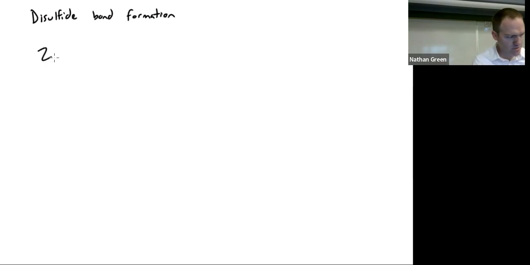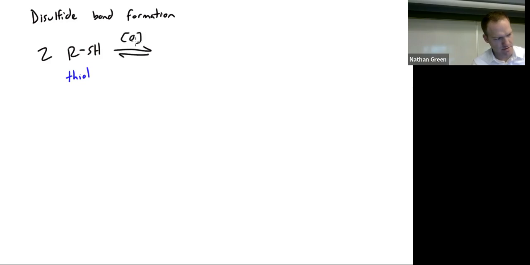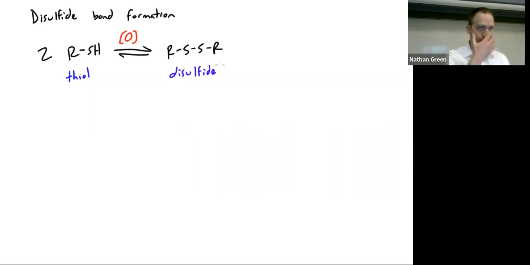I can take two thiols and under oxidative stress, if I oxidize them, I can make a sulfur-sulfur bond. And that is called a disulfide.